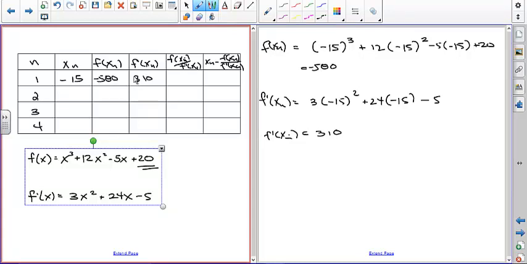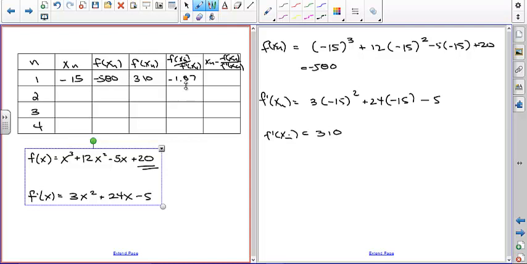If I take the ratio of those two, f of x sub n, minus 580 divided by 310, I get negative 1.87.